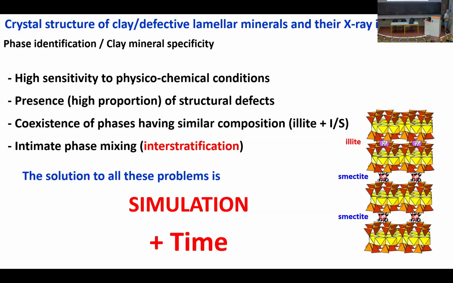And obviously, depending on the amount of time, you will be able to have a good fit to your data, or you will say that what I think I have in my sample represents something like X% of what I really have. And I know there is room for improvement, but at least I have made the initial simulation and compared it. That's quite fast. To improve the quality of the fit, this could take much more time.